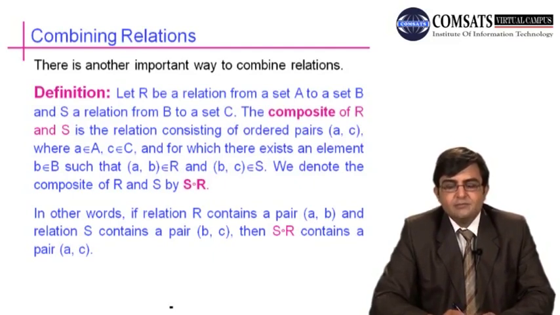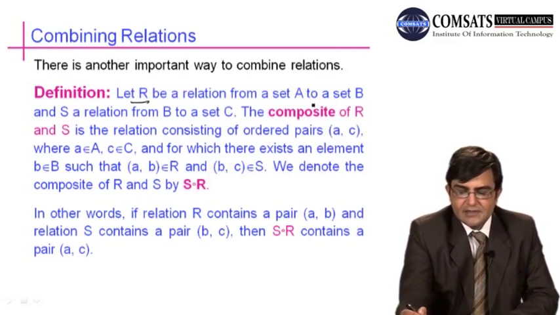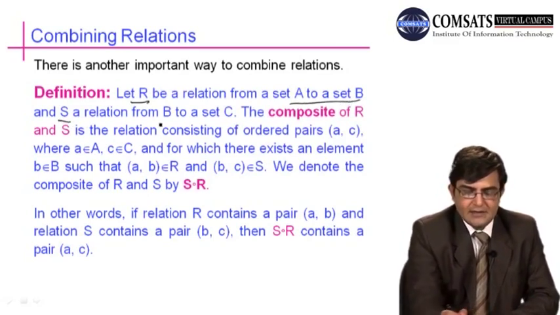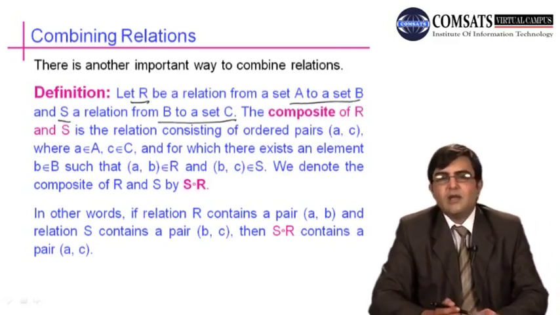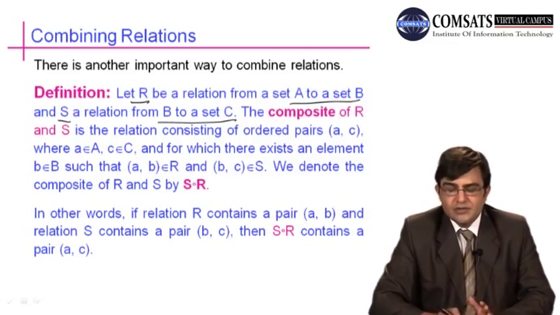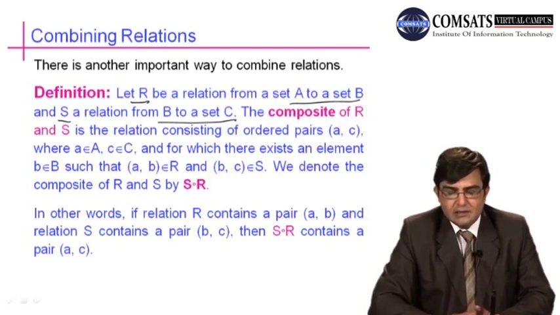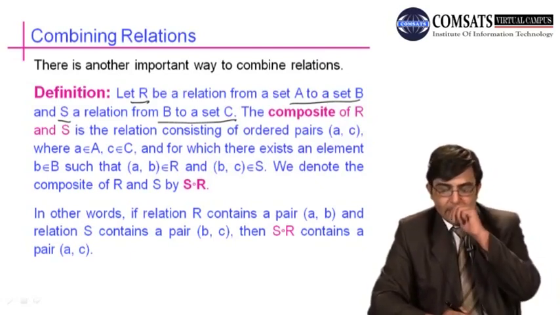Let R be a relation from a set A to a set B, and S be a relation from a set B to a set C. So R is from A to B and S is from B to C. How can we combine these two relations?